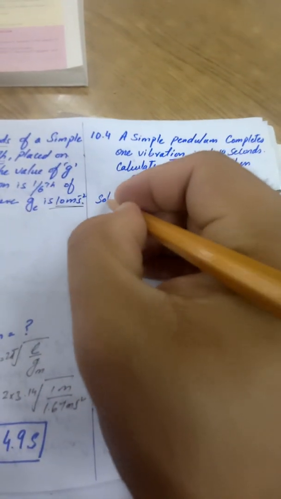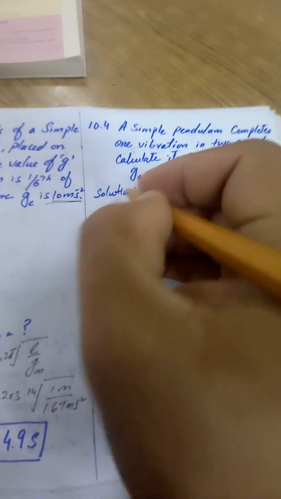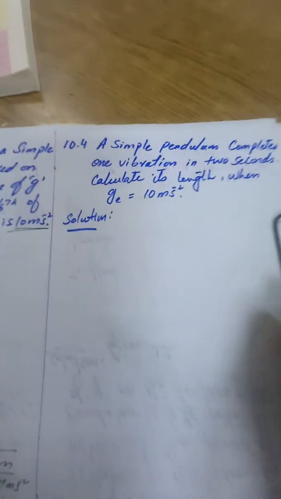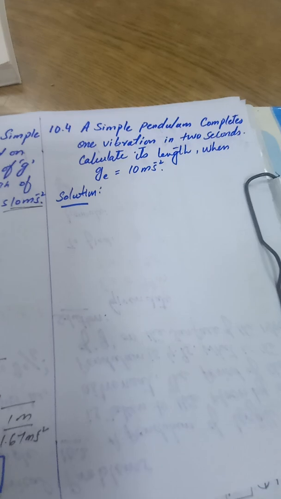So in this question, we have a statement: a simple pendulum completes one vibration in 2 seconds. Calculate its length when g is 10.